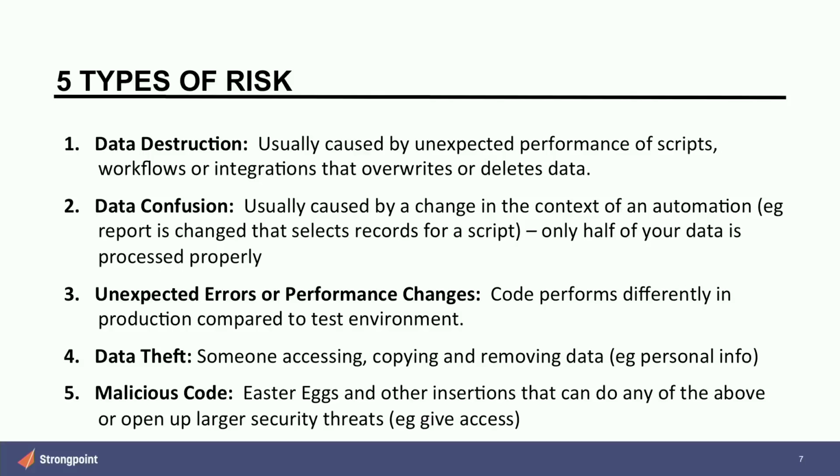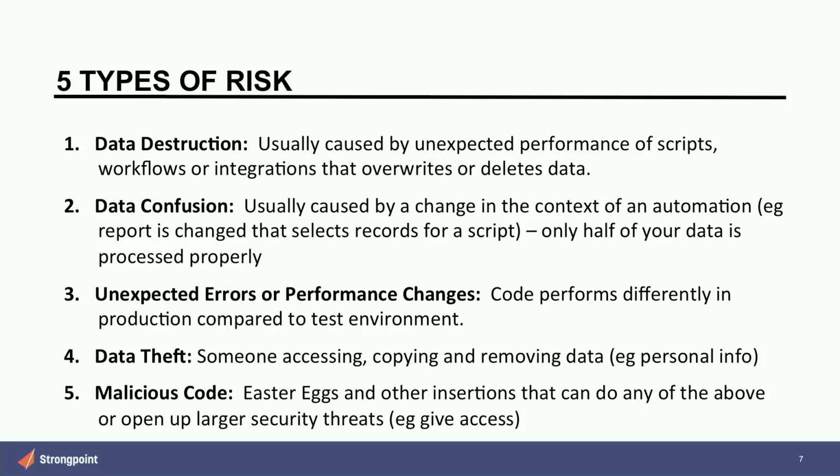There are many types of risk, but the ones that I personally concentrate on as a CTO are data destruction and data confusion, meaning my scripts or customizations didn't perform correctly and I end up losing data, or I end up confusing data.